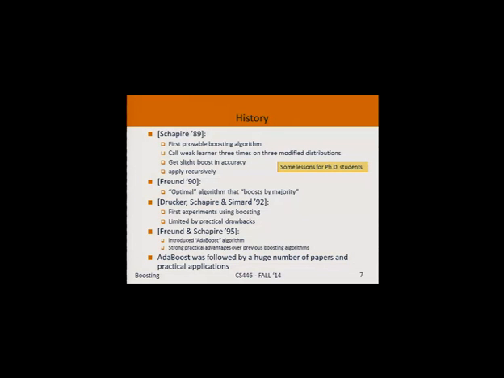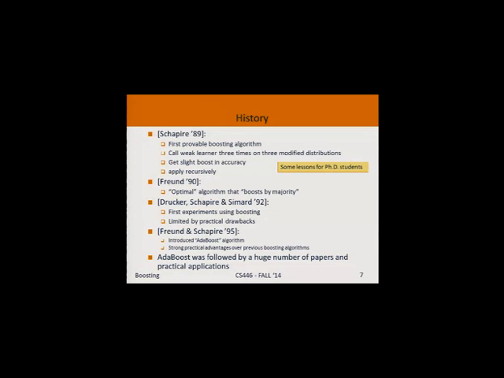Yoav actually worked on it for his PhD thesis, and solved it in a completely different way that later on gave rise to AdaBoost. So the fact that someone told you that they solved the problem doesn't mean problem solved, let's not work on it. Sometimes a different solution that has some nice properties is worthwhile.